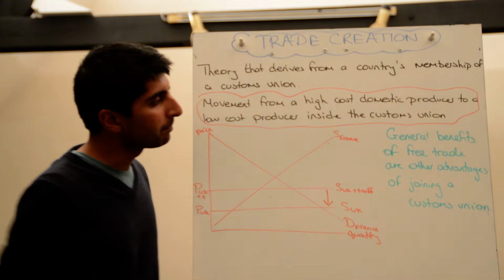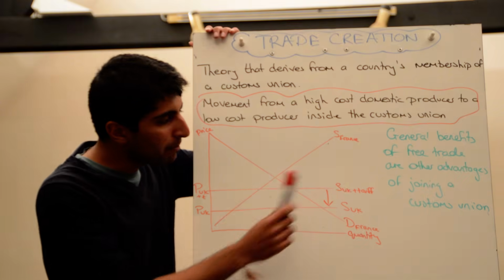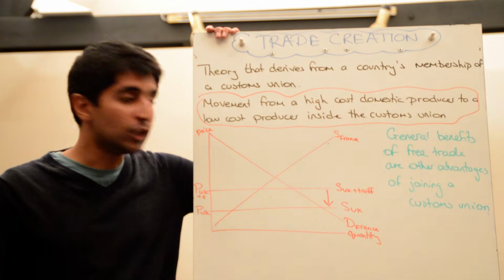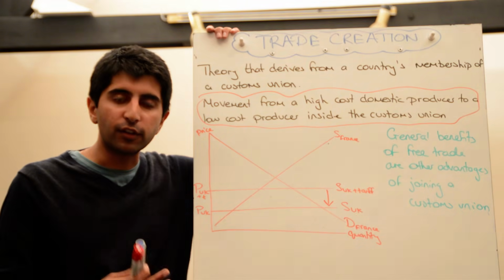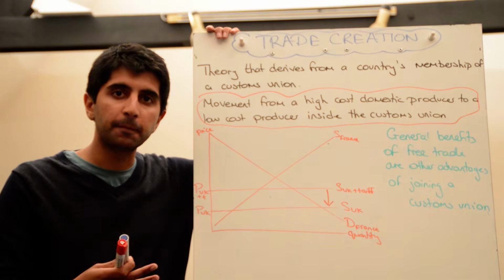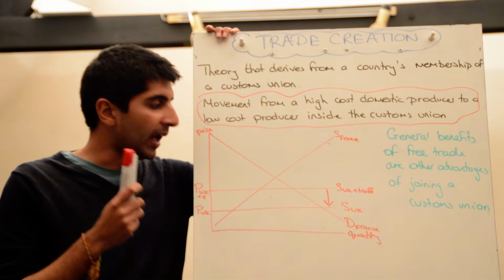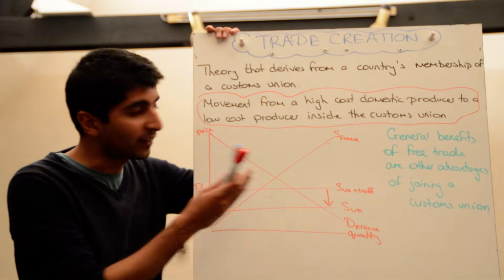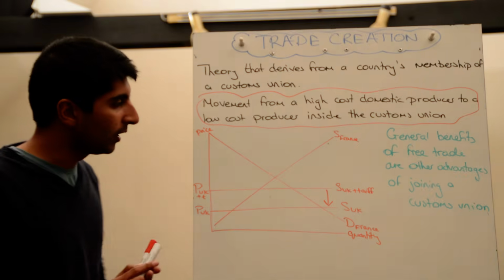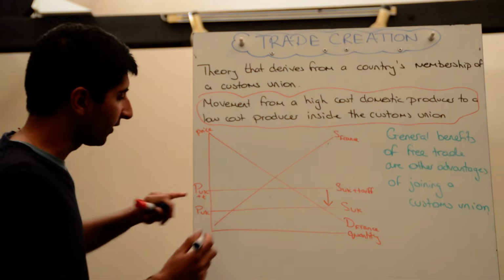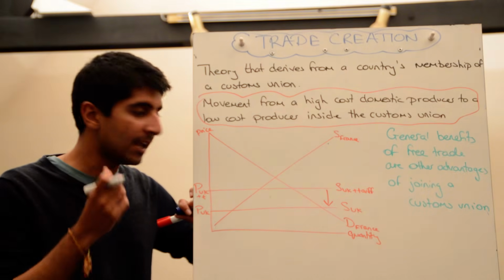So initially, for France to import items from the UK suffers from this common external tariff. For UK exports, there is this tariff that is charged for France to import those products. So we start off with this higher price of PUK plus tariff.